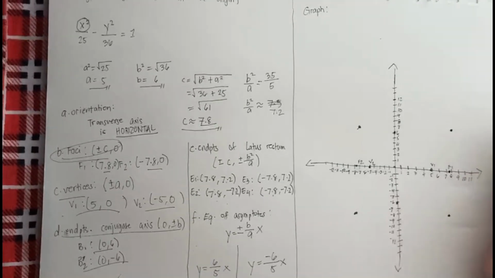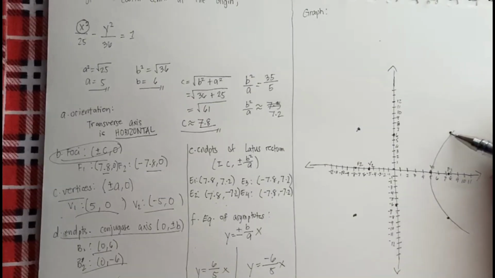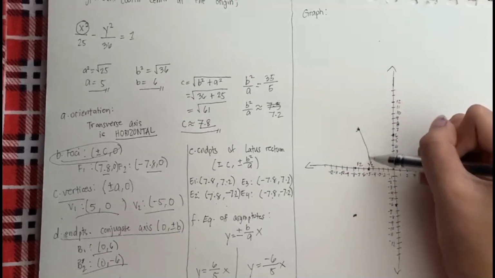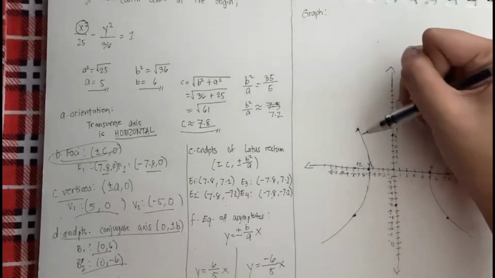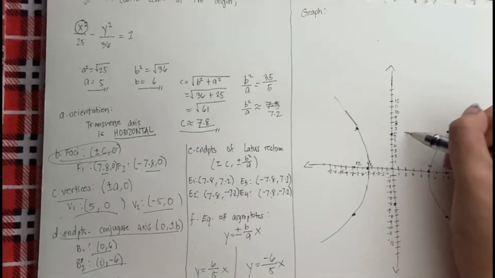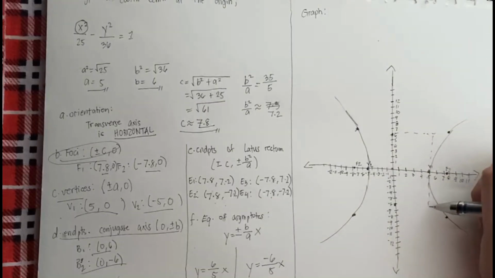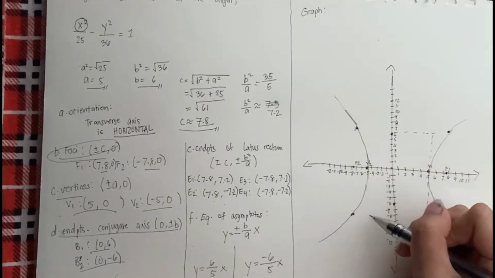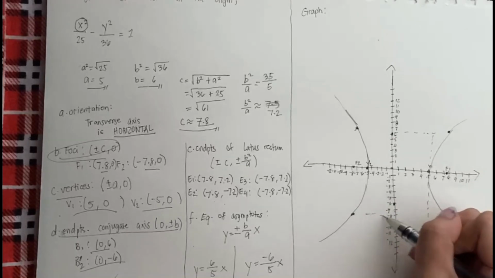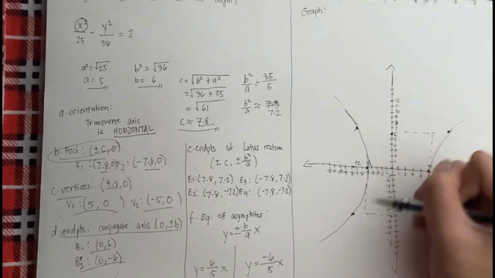After that, you have to connect the LR to the vertices, and then put the broken line like a box that connects the vertices to the conjugate axis.